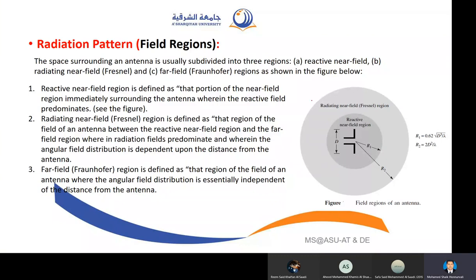Next. I think we lost all those annotations. So I was saying the reactive field region is the region where the radiation is present less than this distance. After this, we have the radiating near field region, also known as the Fresnel region.